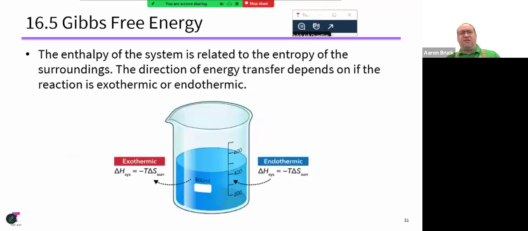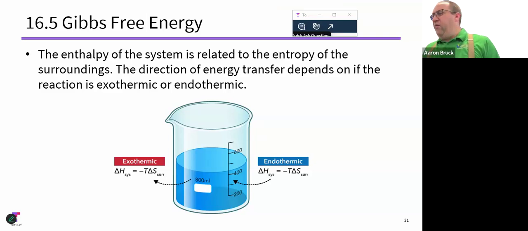The Gibbs free energy for the system gives us an idea of how I combine the entropy of the system, the thing that I'm looking at, the chemical reaction, and the entropy of the surroundings and how those are affected.